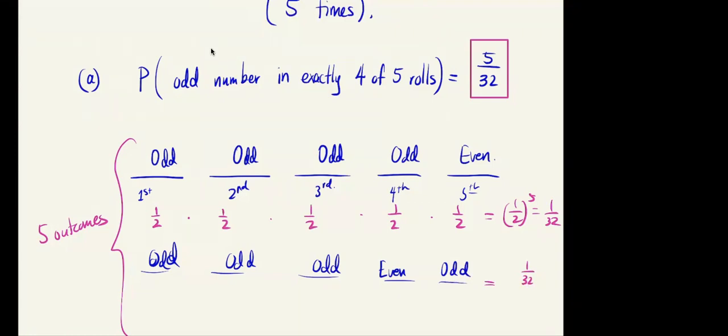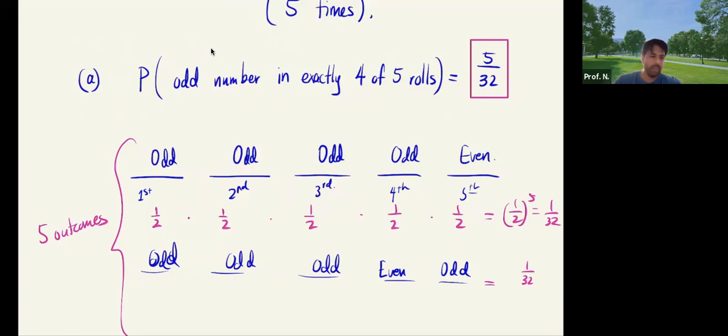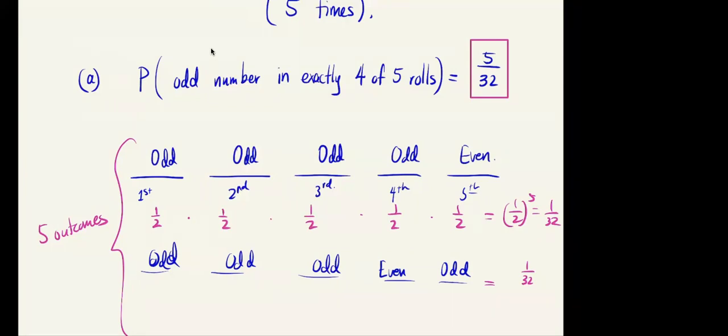That way I have the number of ways in which I have just 4. So what would you do again? To find the number of ways that I can have exactly 4, I would get the number of ways I can get 4 odd numbers, and then subtract from that the number of ways I can get 5 odd numbers.